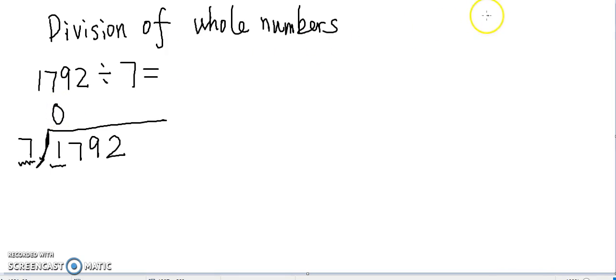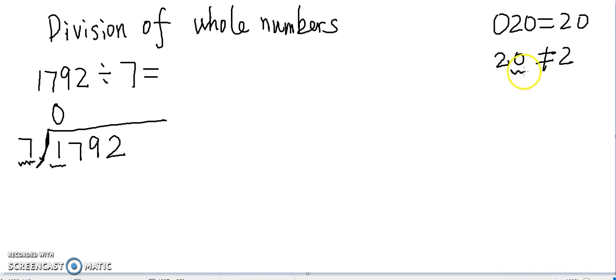For example, 020 is considered as 20. But you cannot omit the 2 in 20 and write it as 2. Or if you have 207, you have to write that 0 there. You cannot get rid of the 0 to get 27, because they're not equal.